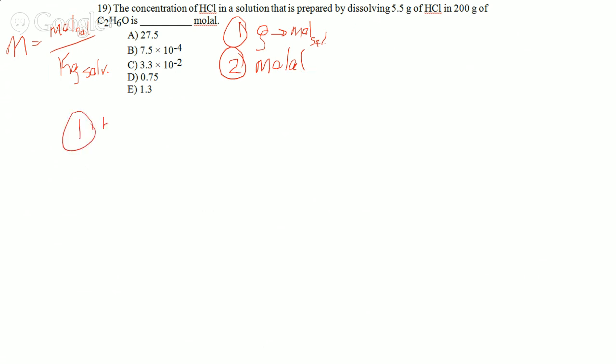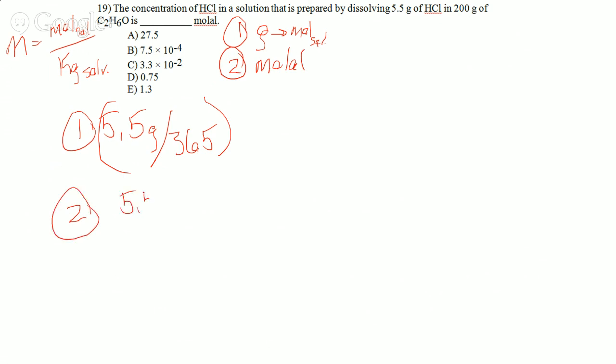So first step, we got 5.5 grams divided by HCl's GFM, which is 36.5, and that'll give us moles. Second step, molal equation. So we have the 5.5 grams divided by 36.5.